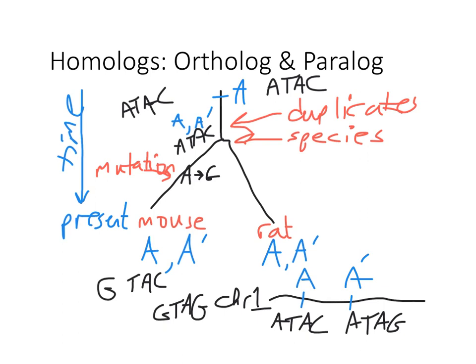But these are the definitions of orthologs and paralogs. It's just a molecular basis of the definition. So ortholog, finally to get to the point. An ortholog is the same gene in 2 different species.